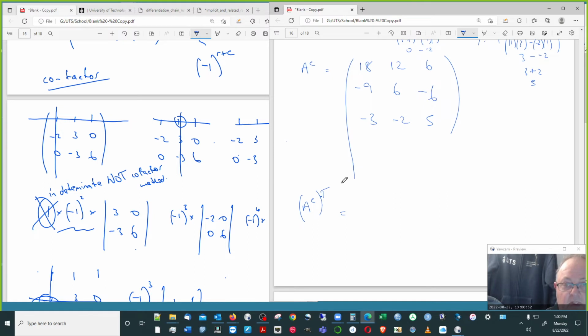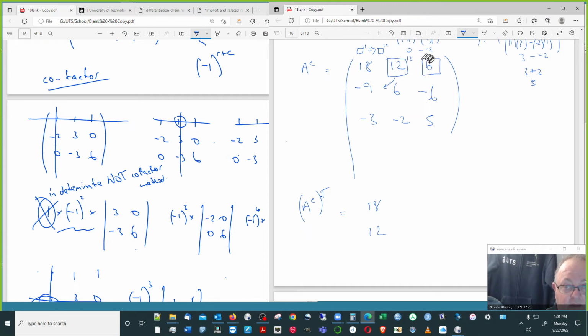So what do we do with the cofactor? Well, you go to their address. This is 1, 1, so you swap them. So if this is 1, 1, it becomes 1, 1. It doesn't move. This, however, is 1, 2. So it becomes 2, 1. Moves over here.